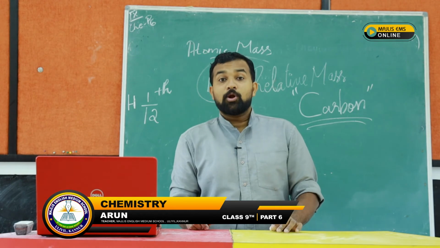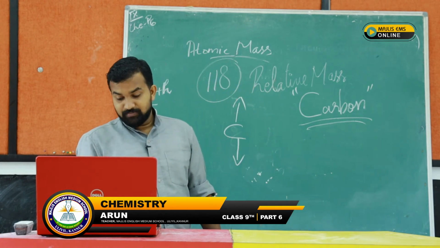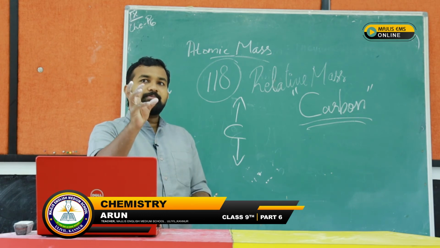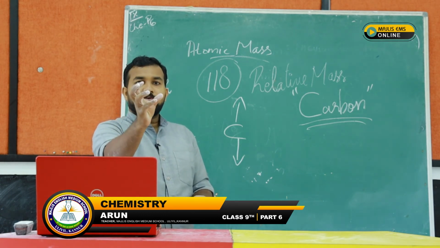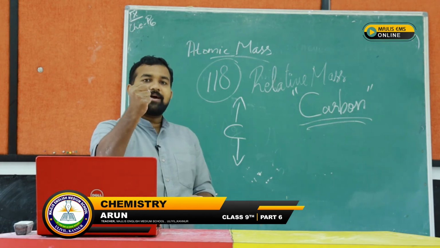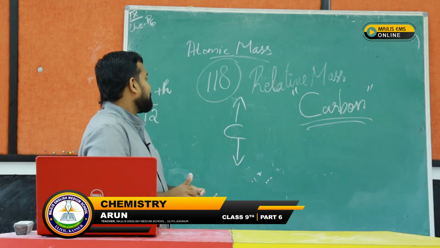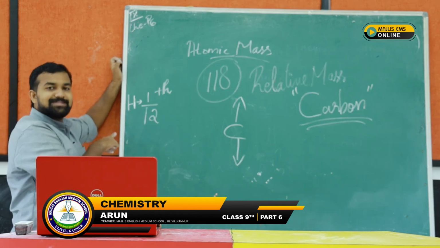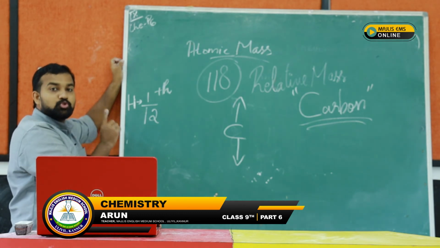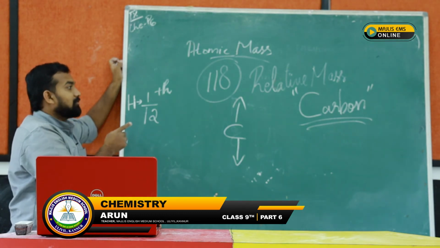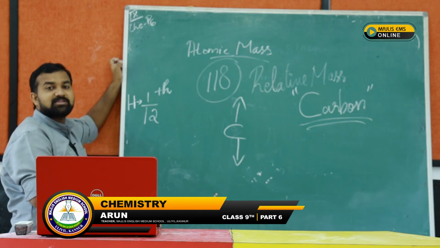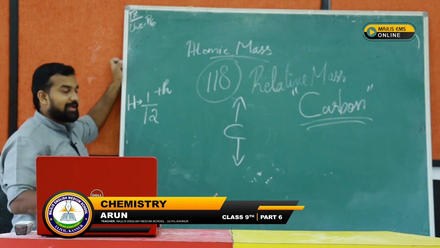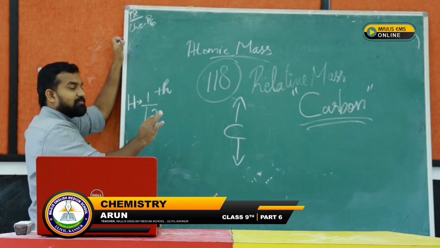So this hydrogen atom can be said to be the model of an atom. If we take a hydrogen atom, it will have a mass of 1/12 the mass of the carbon atom. Is that clear? Hydrogen atom will have a mass of 1/12 the mass of carbon atom.